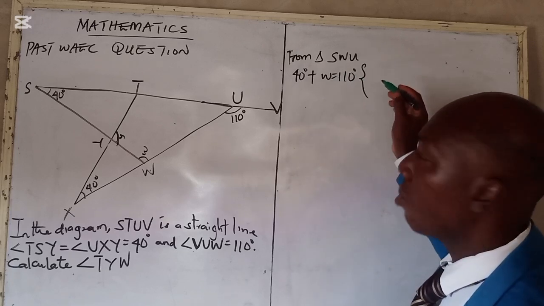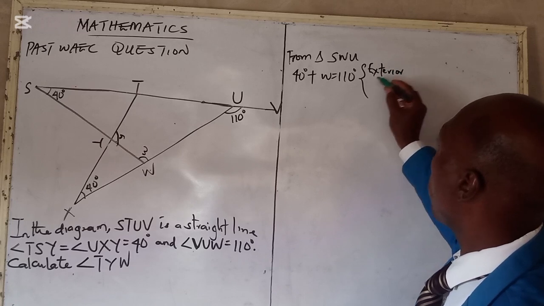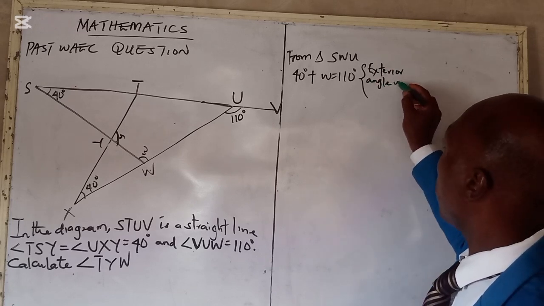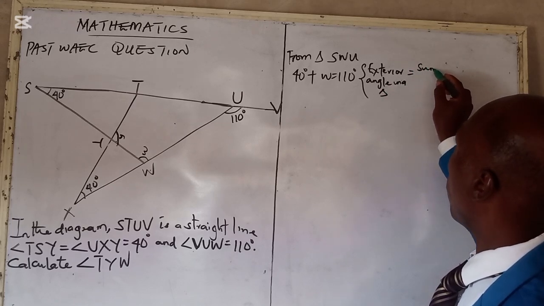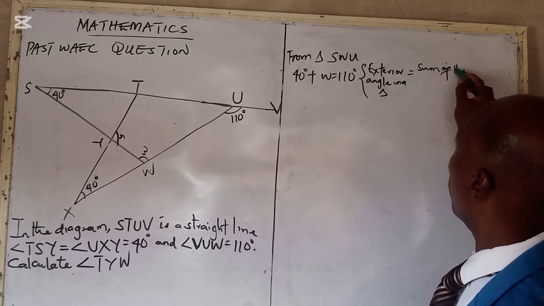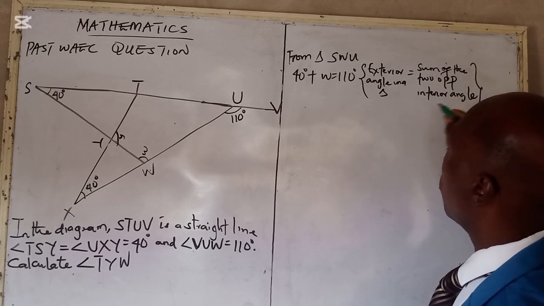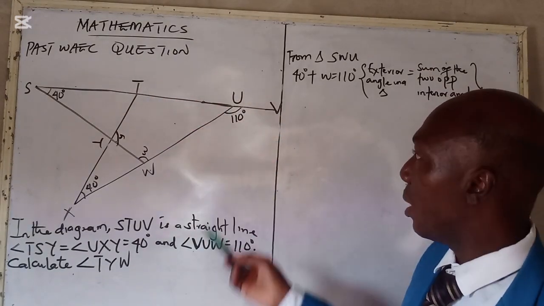What's the reason? Exterior angle of a triangle is equal to the sum of the two opposite interior angles. So these are the interior angles, 40 and w, and 110 is an exterior angle.